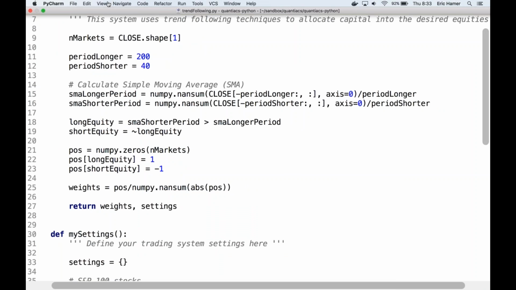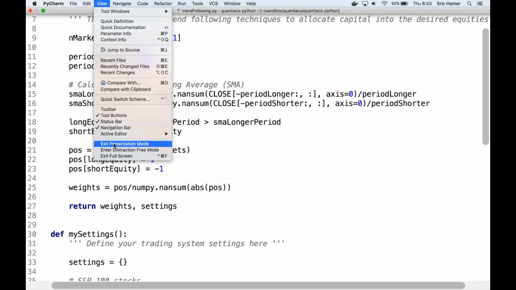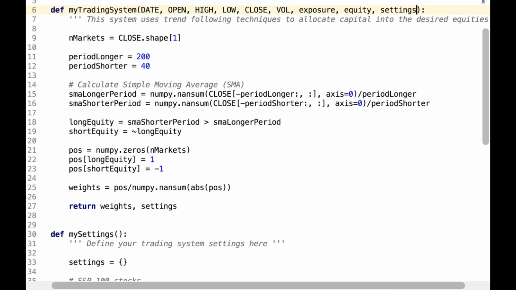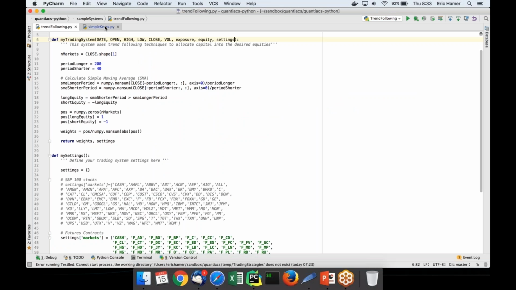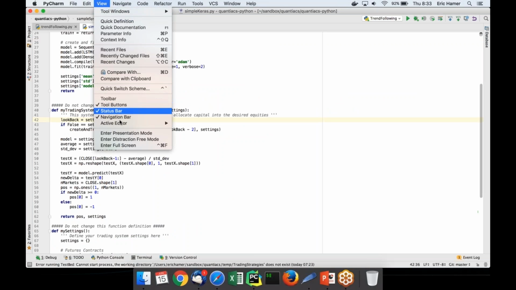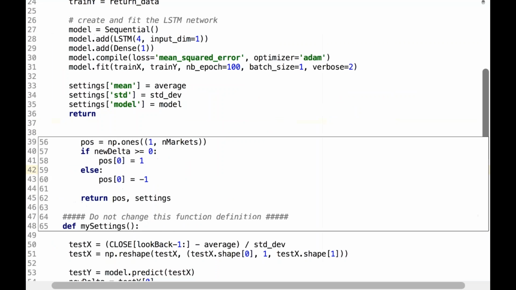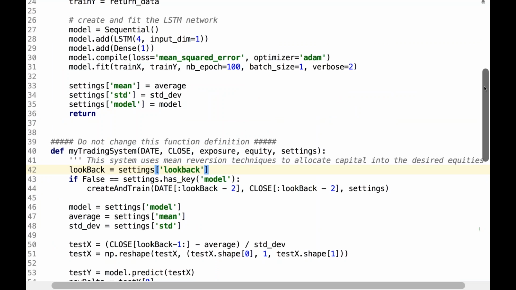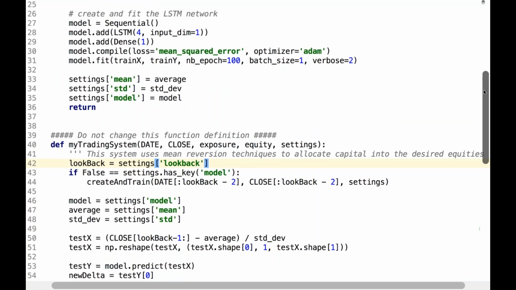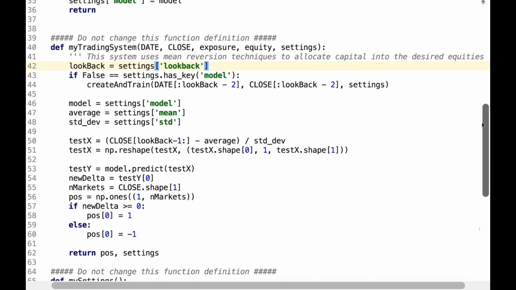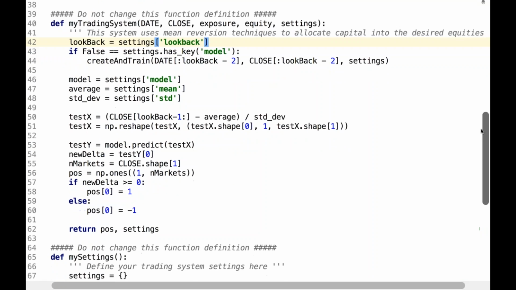Before we go into more analysis of this, let's take a look at what the actual source code looks like, so you can get a feel for how this works. Similar to what I showed in the first toolkit example, I have my trading system function that is called with each day's worth of data.